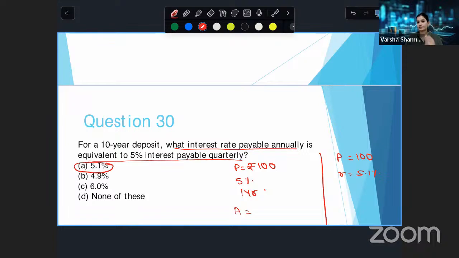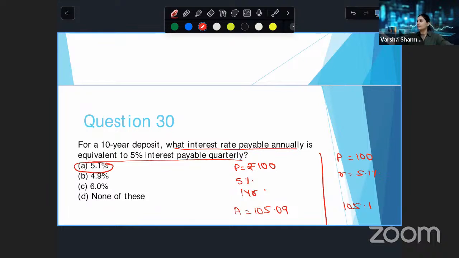First case was 105.09. Now let's calculate for 5.1% annually. 105.1. Wasn't it the same?